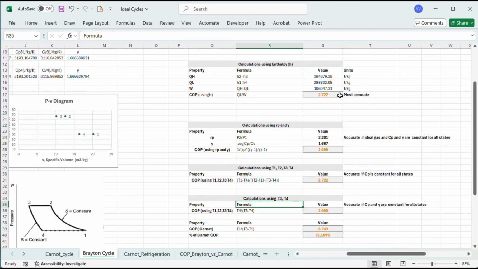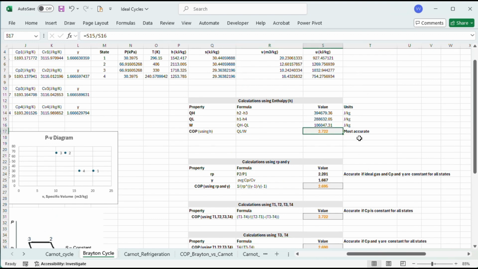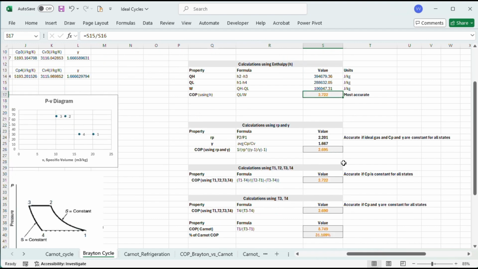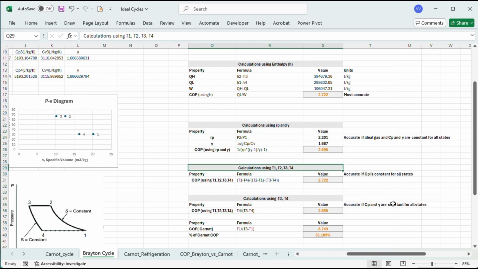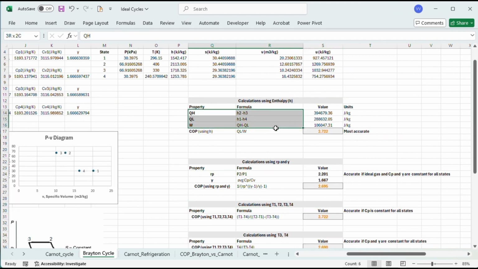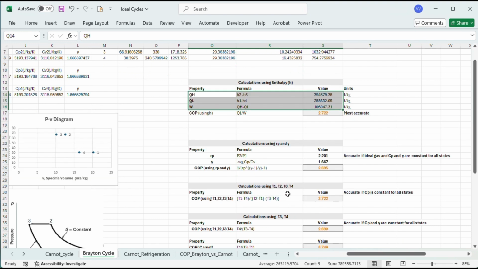So you could see that this is the most accurate. 2.722 is the value we are expecting. All the other methods are giving you some error because there's some assumption about ideal gas. So you want to actually calculate enthalpy at each state and then use that for the energy balance and calculating the work done.